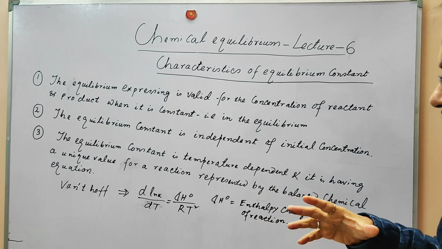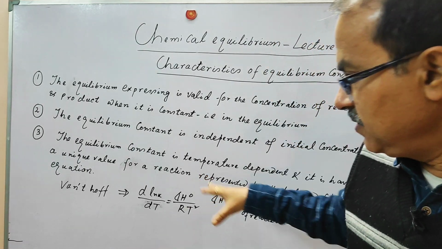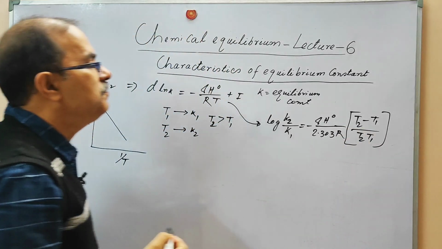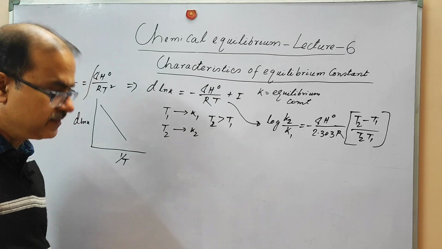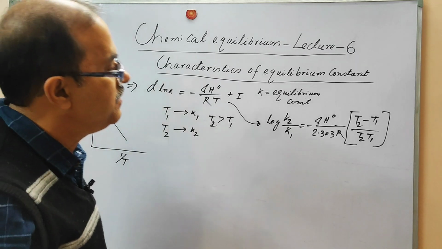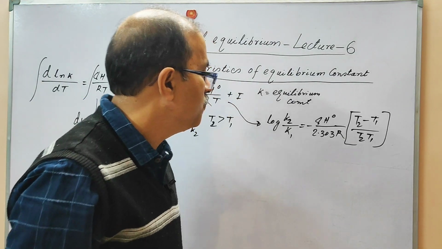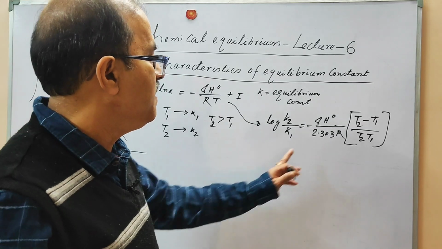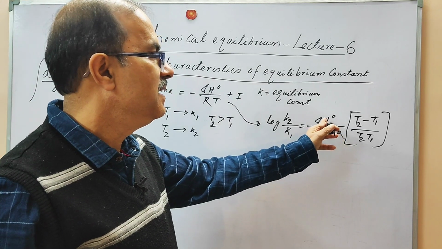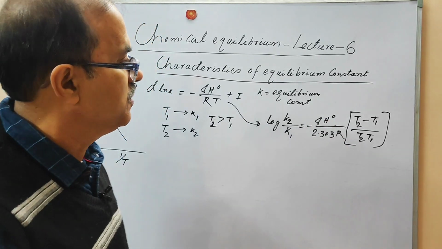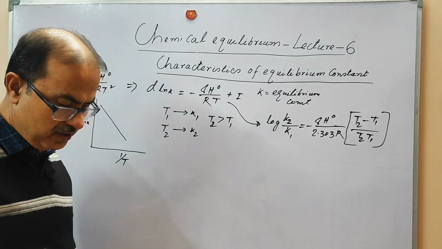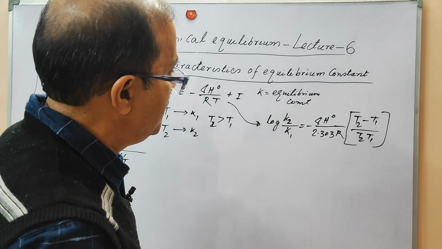So from this relation you are able to correlate the equilibrium constant at different temperatures with the del H0, that is the constant enthalpy change.